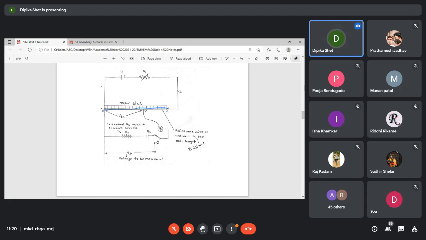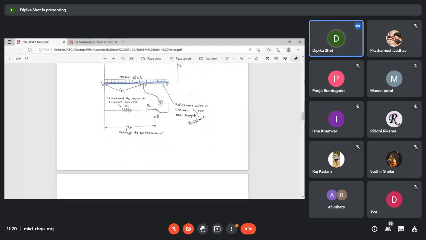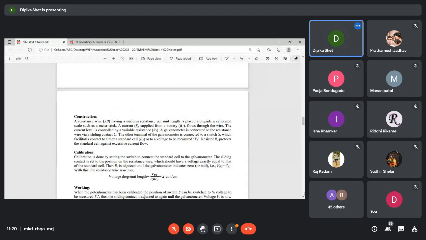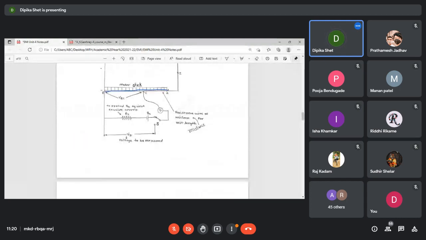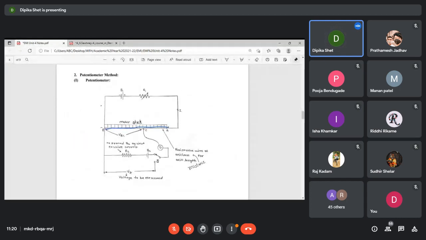Can you tell me at which position our galvanometer will indicate zero or null? At a balanced condition.